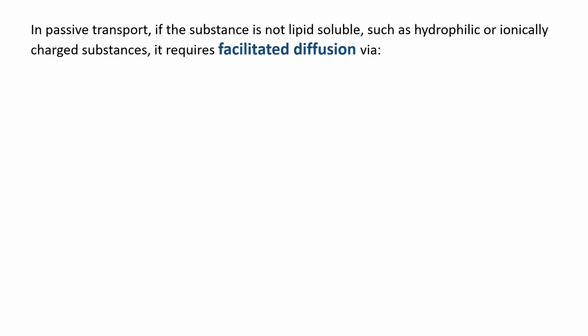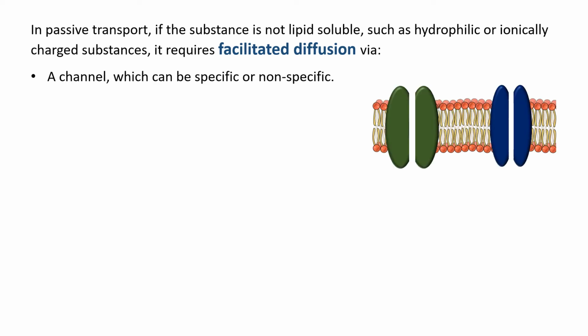In passive transport, if the substance isn't lipid soluble, so it's hydrophilic or ionically charged, it has to cross the membrane via facilitated diffusion. In other words, it needs some plasma membrane proteins to help it through. So these structures could be a channel.